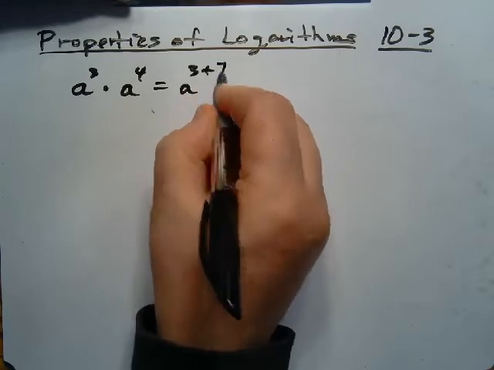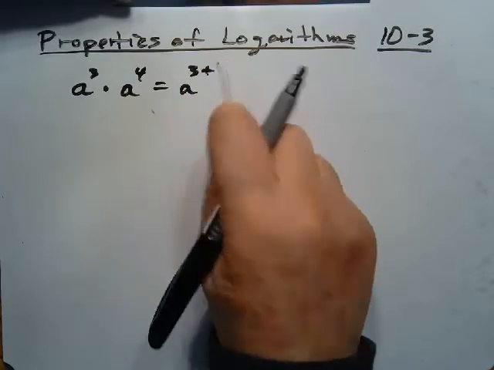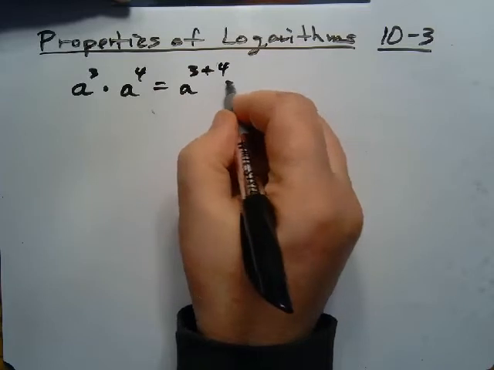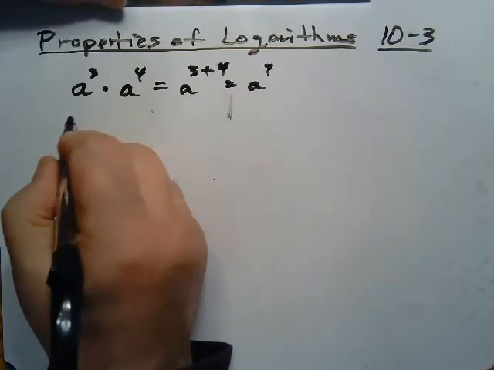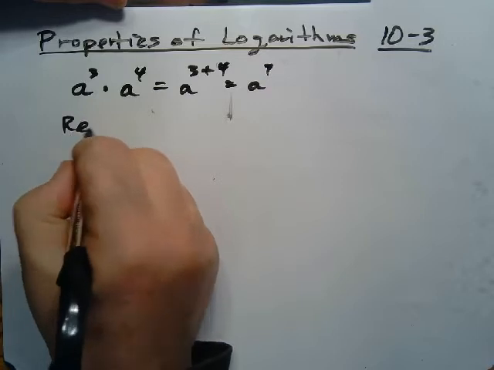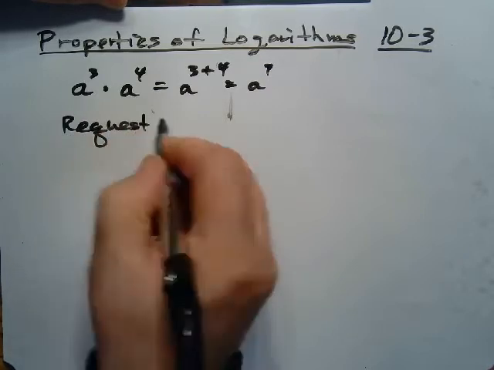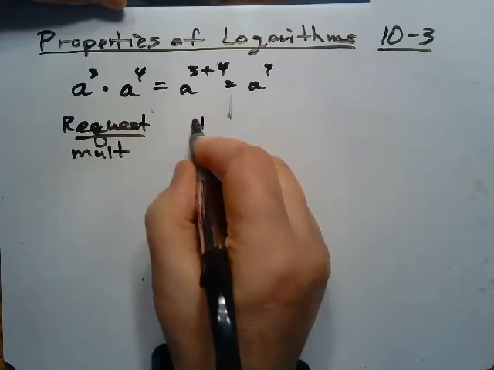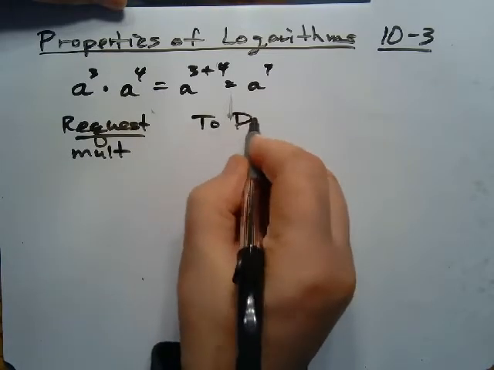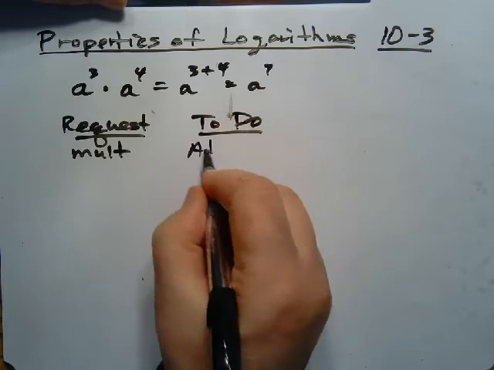That's 3 plus 4, or a to the 7 in this case. So the request was to multiply, and what we are going to do is add the exponents.